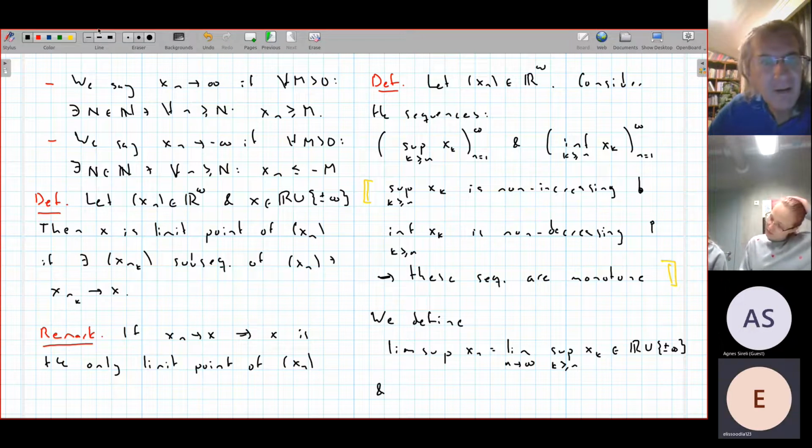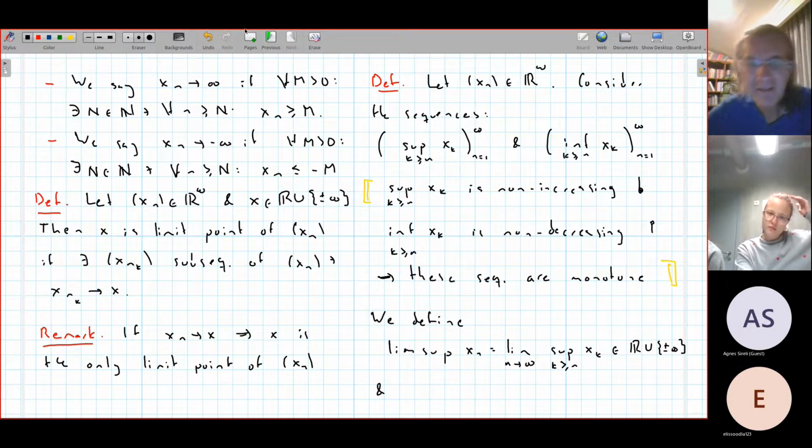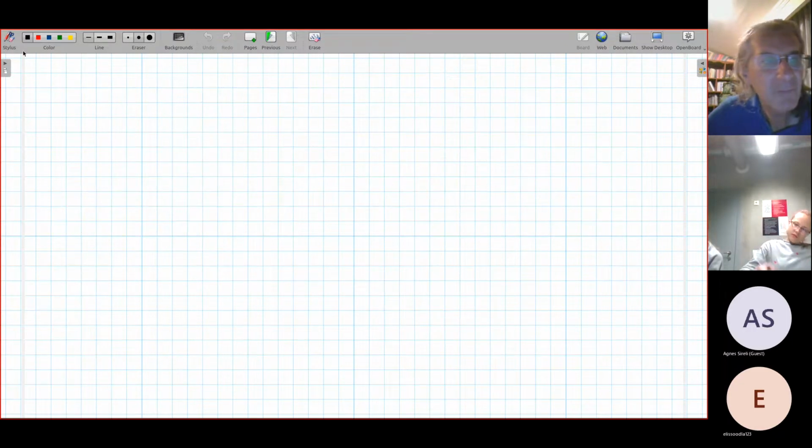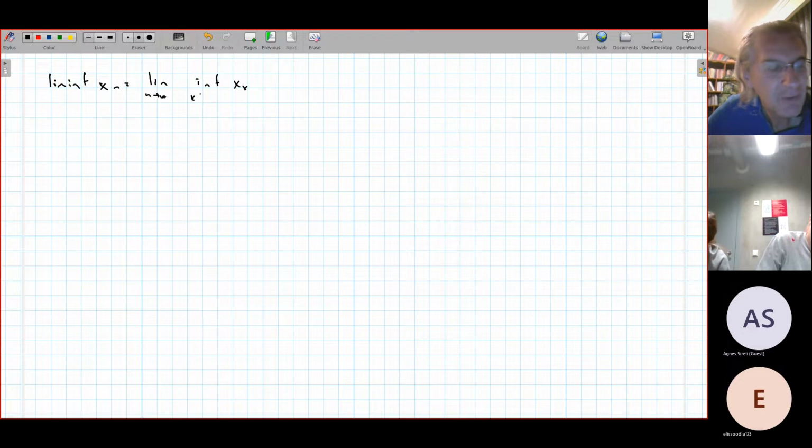For me, it's okay. Okay. So I'm going to change it now. So we also define the liminf of xn as the limit when n goes to infinity of the infima of xk for k greater than or equal to n. And again, this number exists in the extended real numbers.